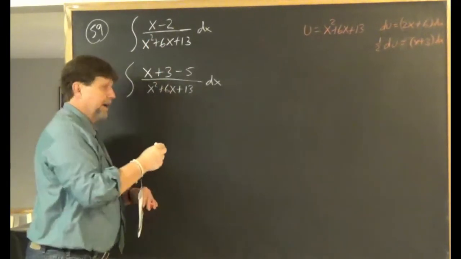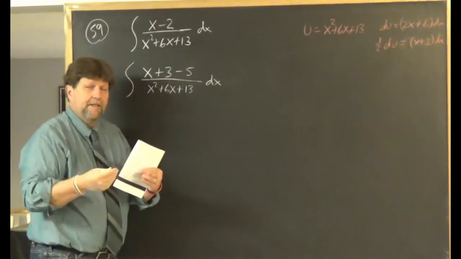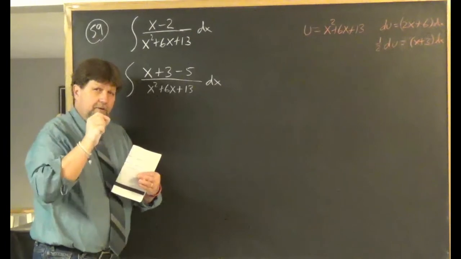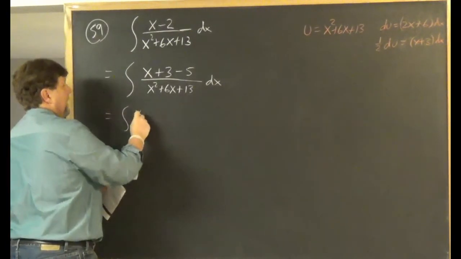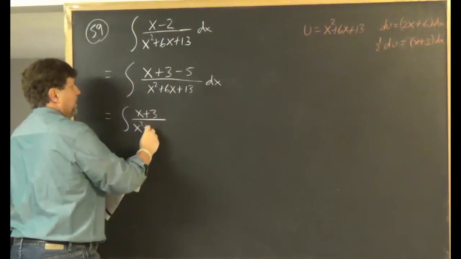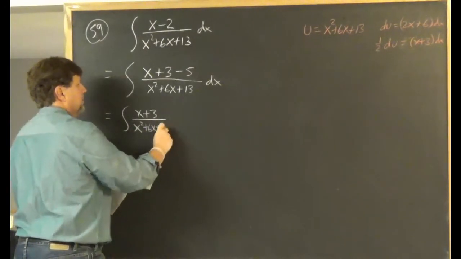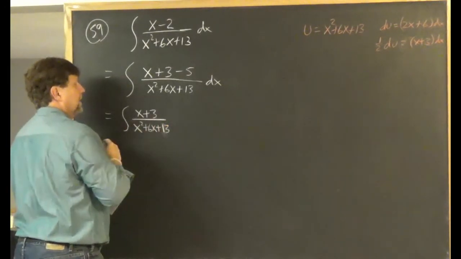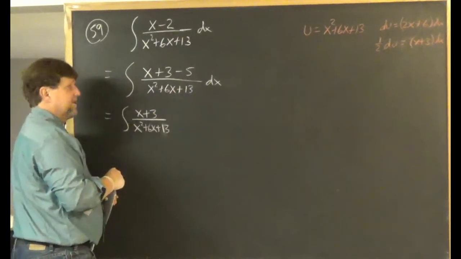And now I can make use of the knowledge of a common denominator to write two separate fractions here. x plus 3 over x squared plus 6x plus 13, minus 5 over x squared plus 6x plus 13.